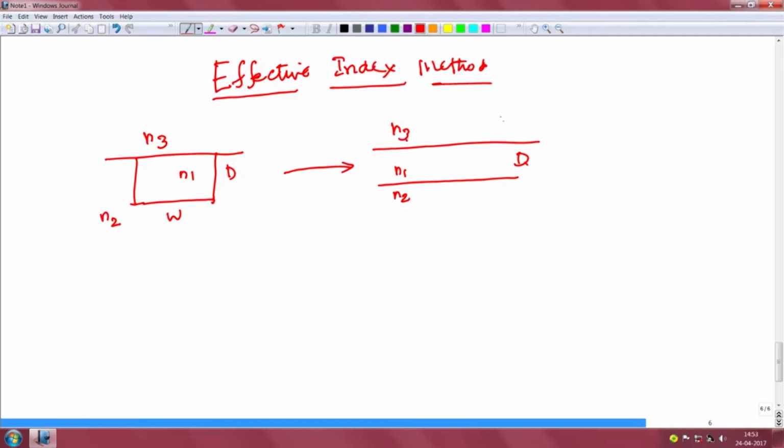And we know how to solve this problem as an asymmetric slab waveguide. So, in the effective index method, you find out the properties of this asymmetric slab waveguide, find out the beta or beta by k0, which is called the effective refractive index of the waveguide, and use it to devise another so-called vertical slab waveguide.